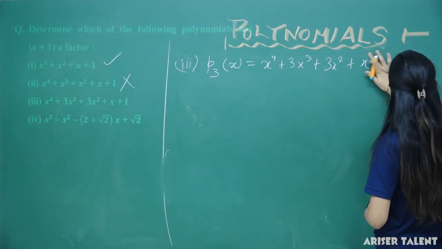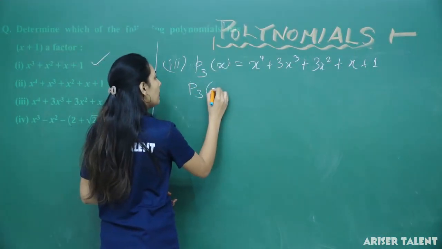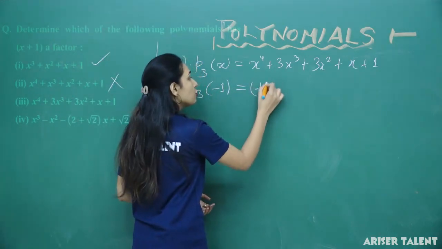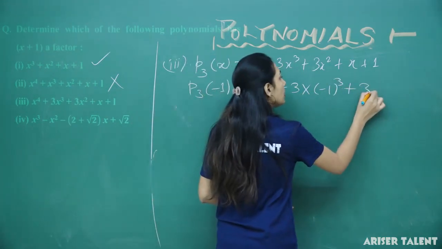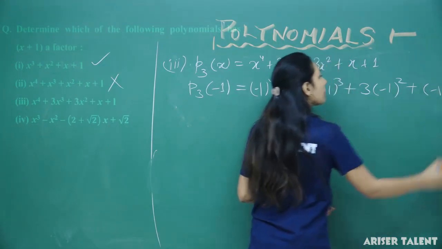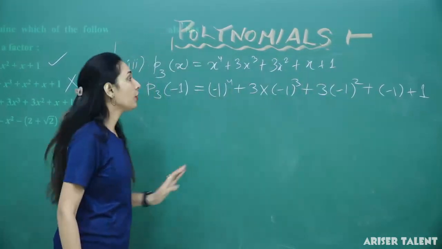Do not assume the values, just put the value here, x is minus 1. So, P3(-1) will be equal to (-1) to the power 4 plus 3 times (-1) cube plus 3 times (-1) square plus (-1) plus 1.